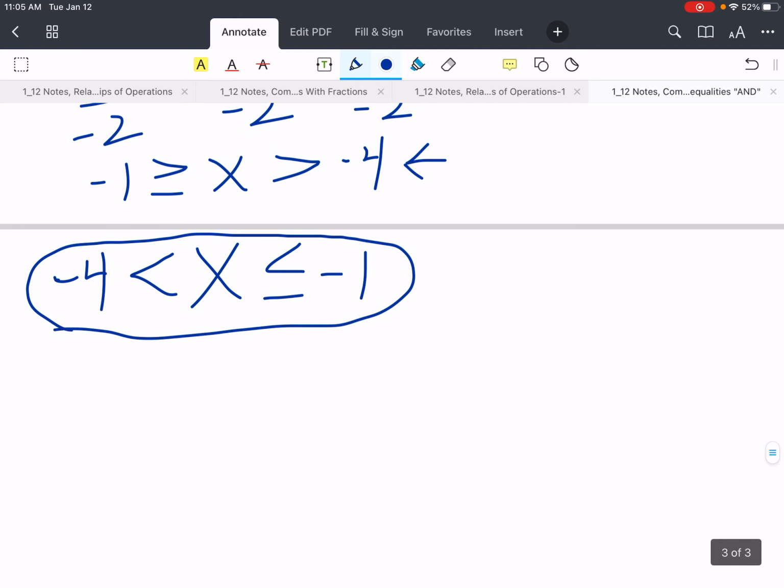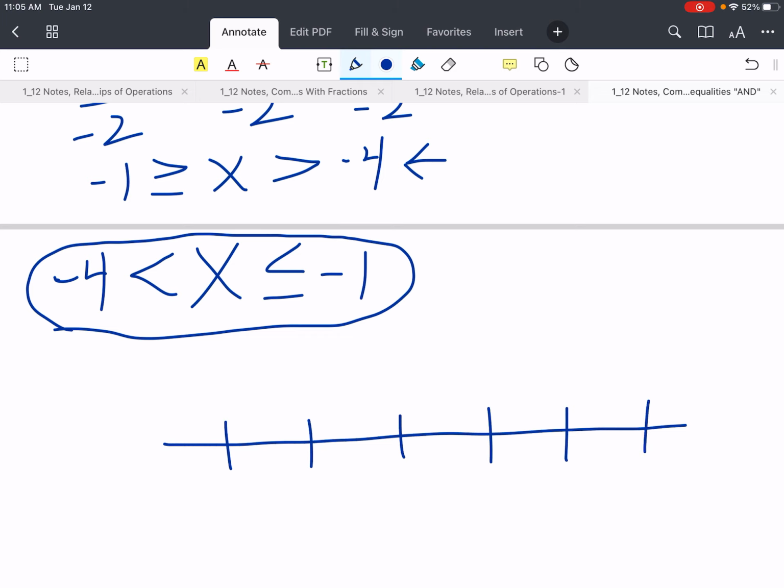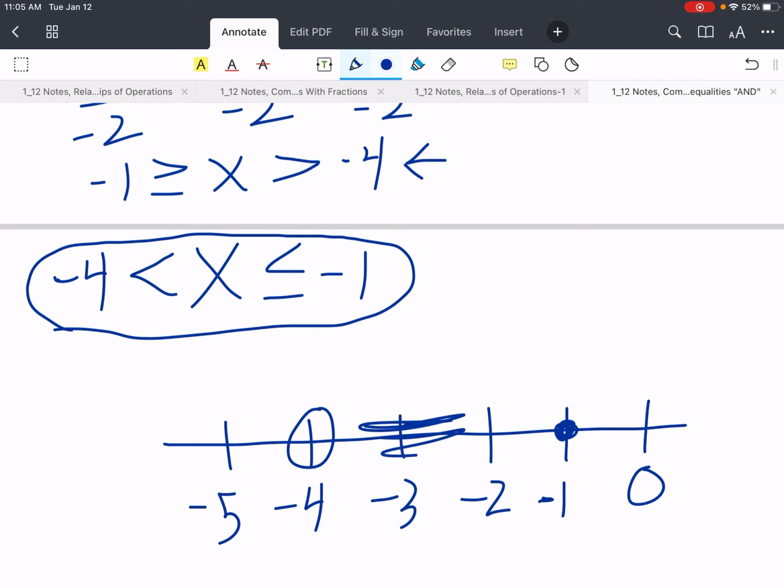So if I had a quick number line, I'd have an empty circle at -4, filled in circle at -1, shaded in towards the middle.